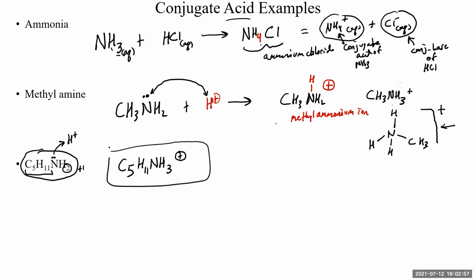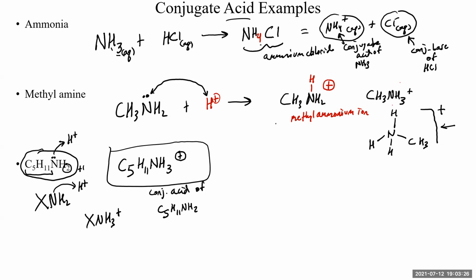That's your conjugate acid of C5H11NH2. It doesn't matter if you recognize the molecule or not. I could have put XNH2. The point is that they all behave exactly the same way. The nitrogen goes out, grabs a hydrogen, and becomes XNH3 positive charge.